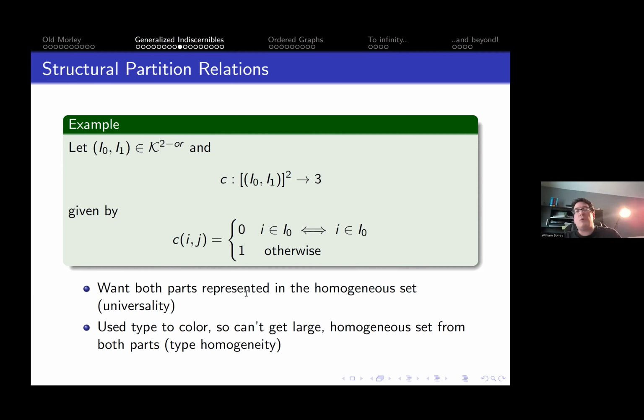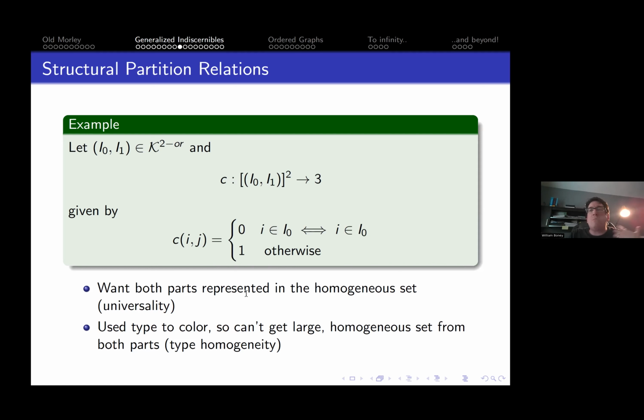And the problem is that when we move beyond linear orders, we have more information to use to color the types. If you give me an n-element subset of a linear order, there's only one way they can arrange. You insist that they're increasing, and then that's all you can say about it.